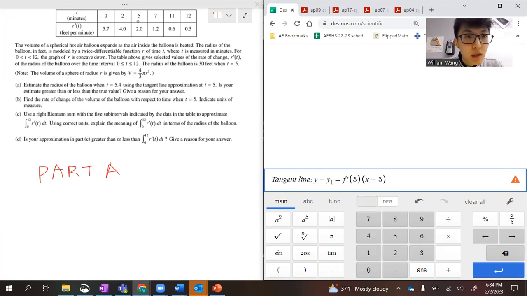Do I know my y value? It's not going to be 2 because this is my derivative, right? Oh, the radius of the balloon is 30 feet. So I think my y1 is going to be 30 when x equals 5. And f prime of 5, that's my derivative. My derivative is actually 2, so my slope is 2. There, I just created my tangent line.